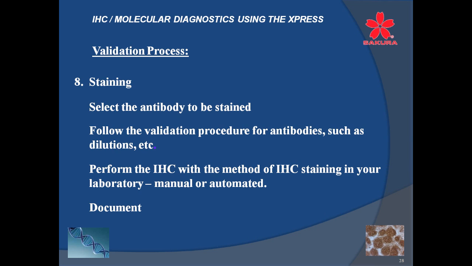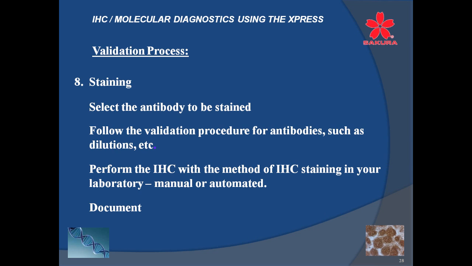The staining process, you'll select the antibody to be stained. You follow the validation procedure for antibodies, your dilutions, your lot numbers, however you're going to do that. You perform the IHC with the method of IHC staining, whether it be manual or automated in your laboratory.